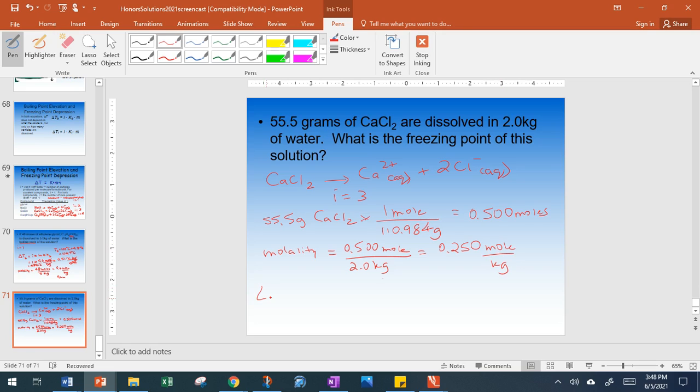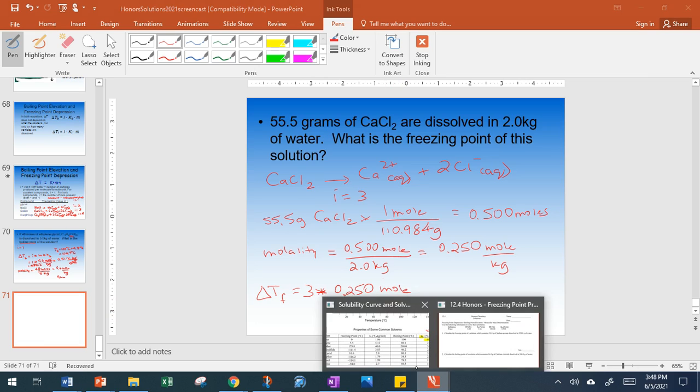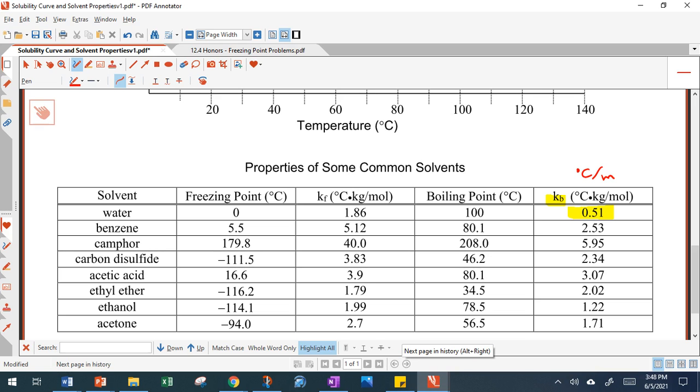So we're going to be using delta T F is equal to I, which is 3, times our molality, which is 0.250 moles over kilograms. And then again, we have to look at our sheet, and we see that the KF for water, so now we're looking at KF, is 1.86.